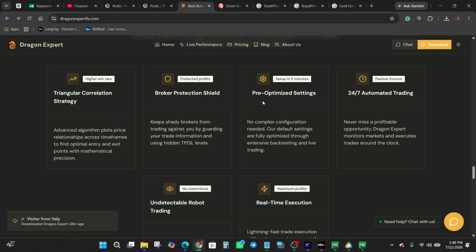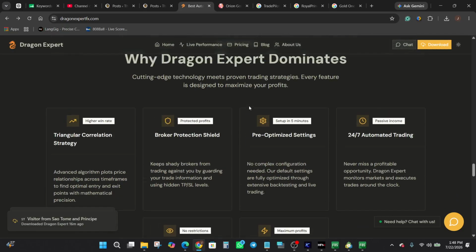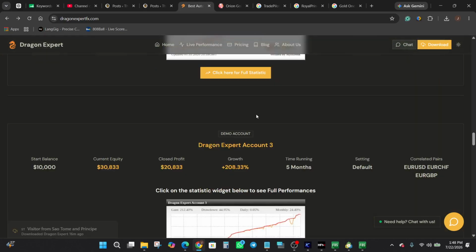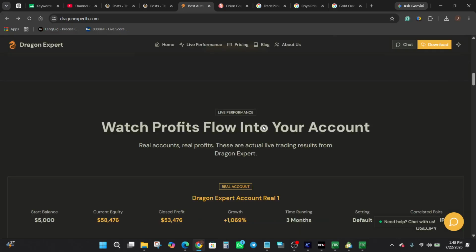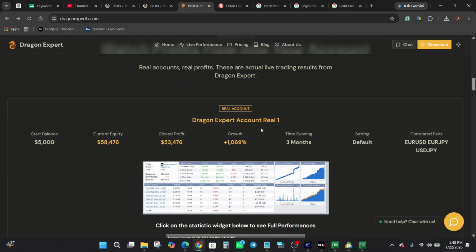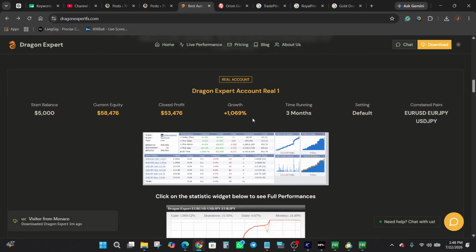So now let us examine the specific live and demo account figures that are displayed on the vendor's platform. The vendor showcases 2 real accounts and 3 demo accounts running across specific triangular pair setups.